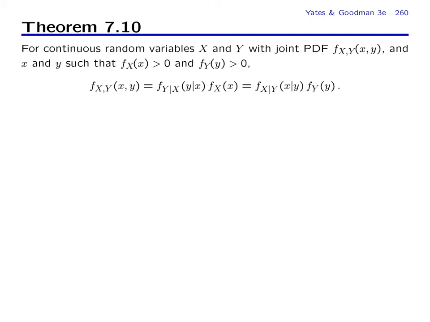Specifically, we have that the joint PDF of x and y is the conditional PDF of y given x times the marginal PDF of x, or it's the conditional PDF of x given y times the marginal PDF of y. This algebraic similarity to the discrete case is useful and easy to remember.